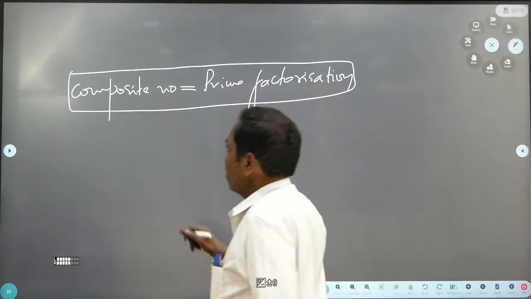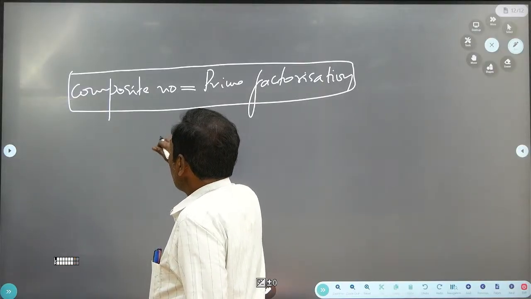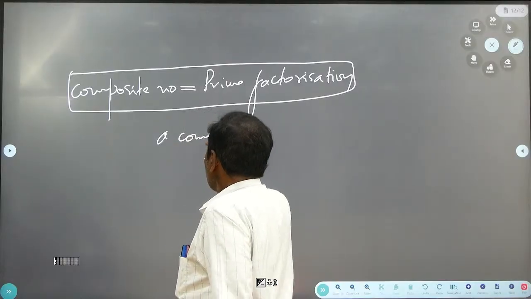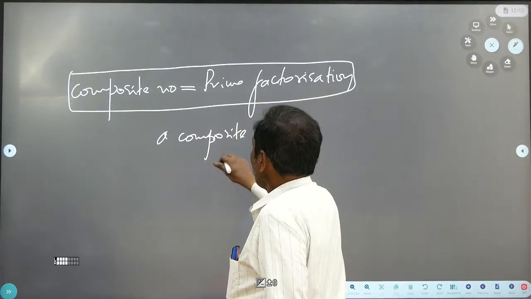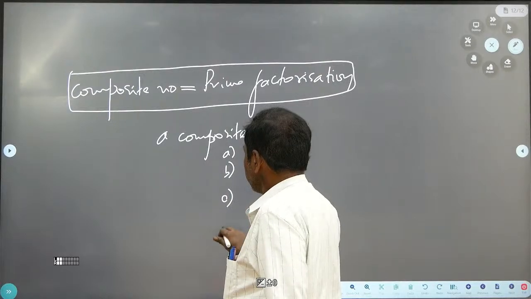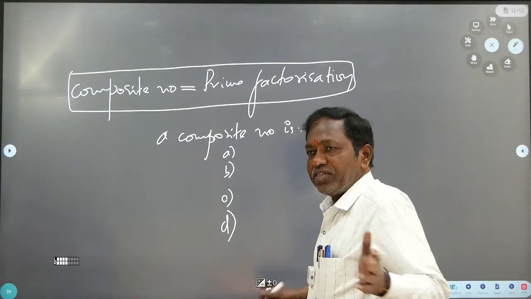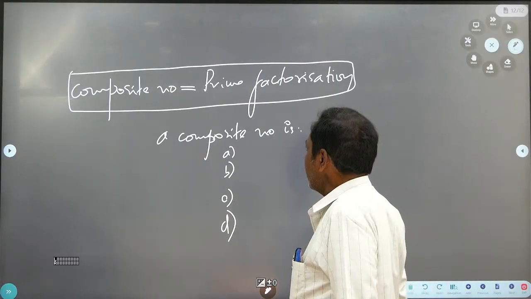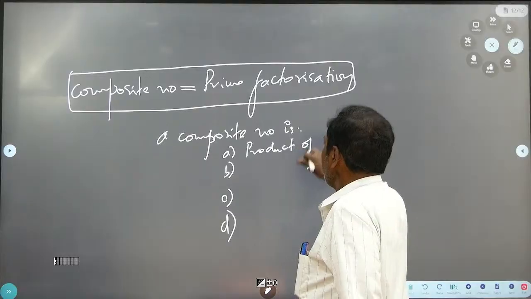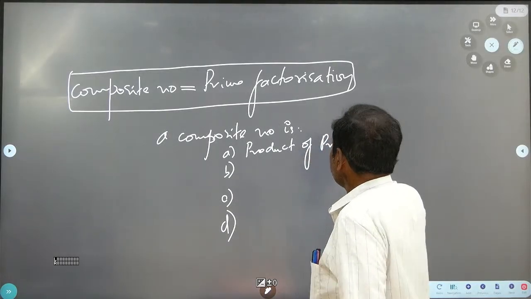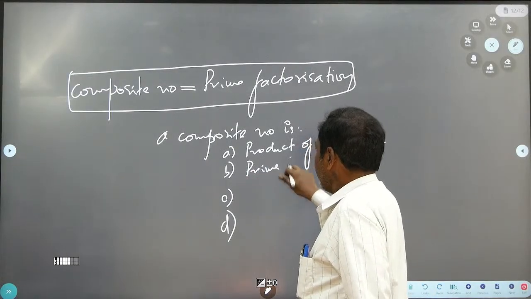Sometimes you can see a question like: a composite number is option A, option B, option C, option D. A: product of prime numbers, B: prime factorization, C: only A, D: none of the above. Anything is possible because these are the properties of numbers.